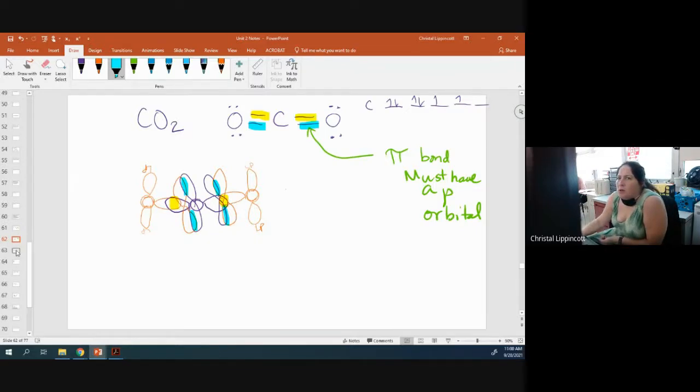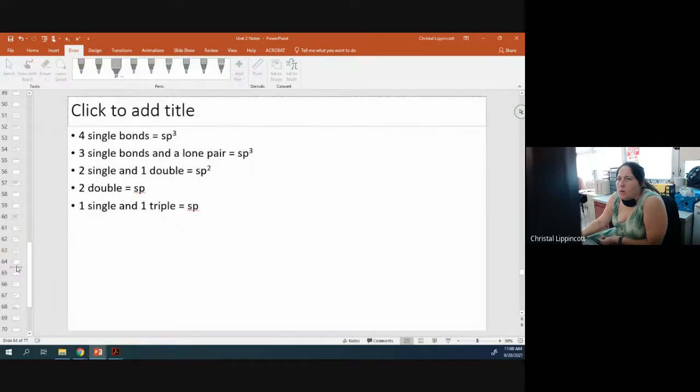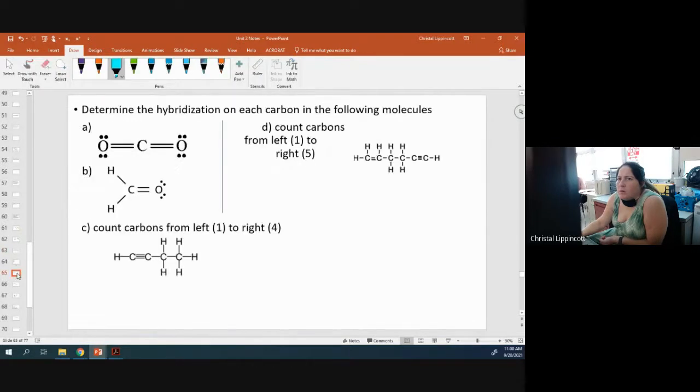So let's look at different types here, and let me take you through how to figure this out. They'll ask you, what is the hybridization of a specific element? If we want to figure out the hybridization of this oxygen, I tell you to hold up 3 fingers.